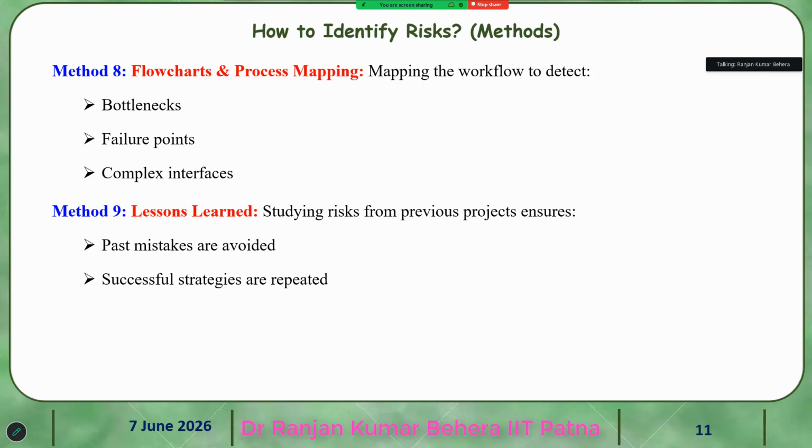What the mapping shows are bottlenecks, then failure points and complex interfaces. Complex interface means no independent development. Then method 9 is lessons learned. Studying risk from the previous project ensures past mistakes are avoided and successful strategies are prepared.